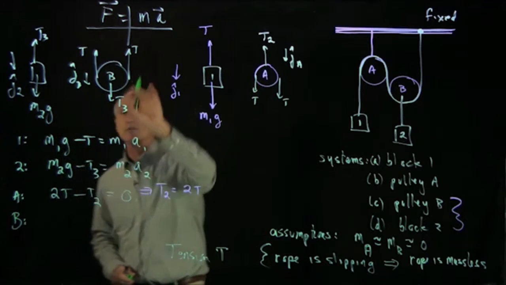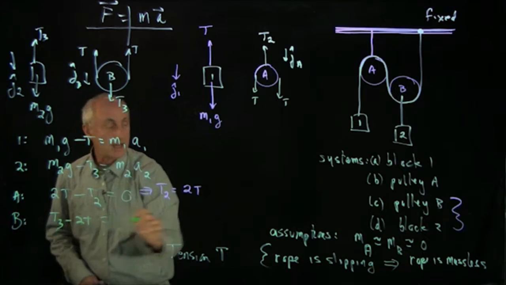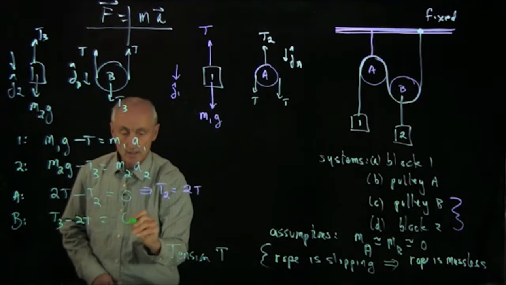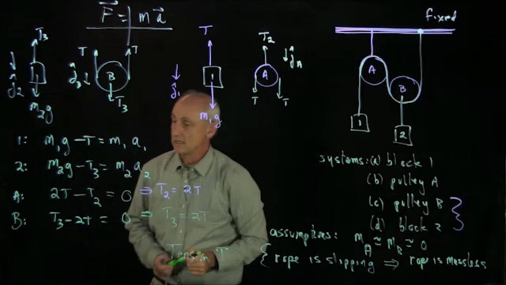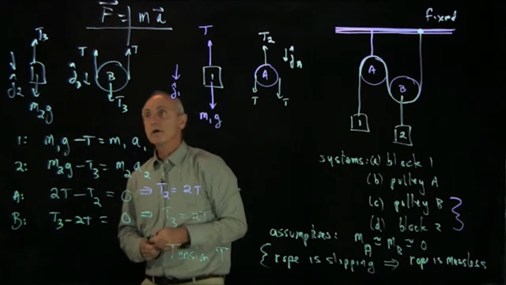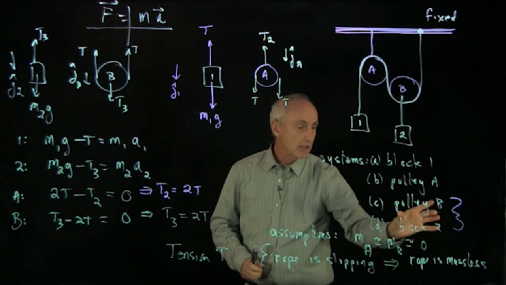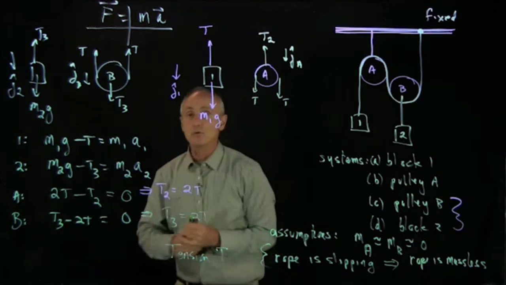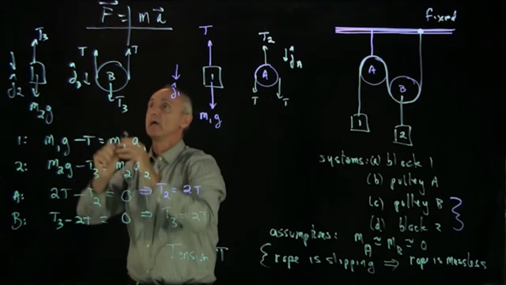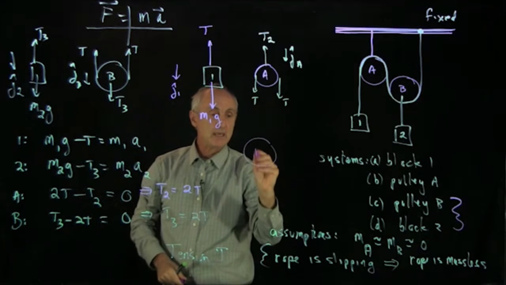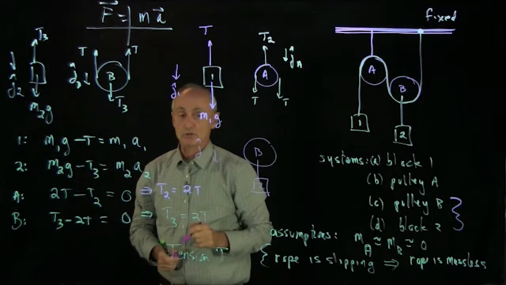And what are the forces on B? We have T3 minus 2T, and again, pulley B is massless, so this is 0. And so we see that T3 is equal to 2T. Now, if you think about what I said before about combining systems, if we combine pulley B and block 2, visually we're just adding these two free body diagrams together, with j hat downwards.